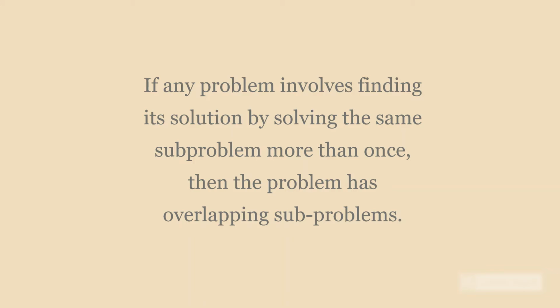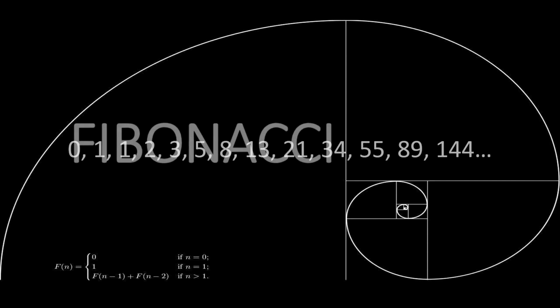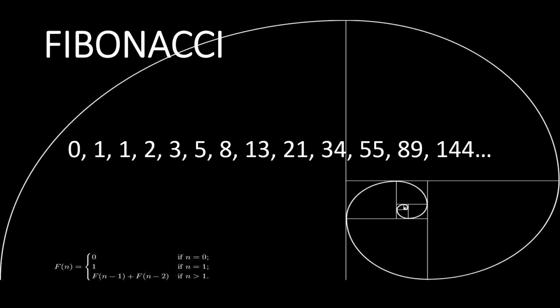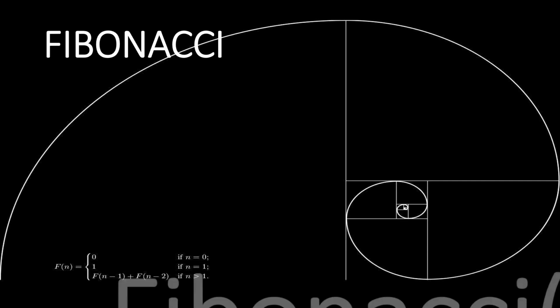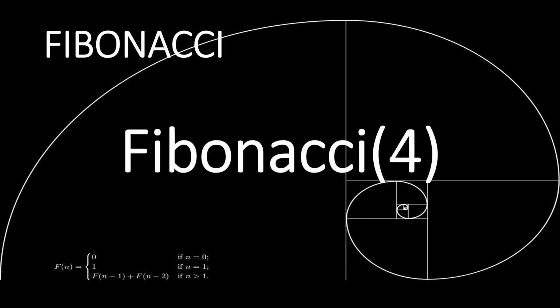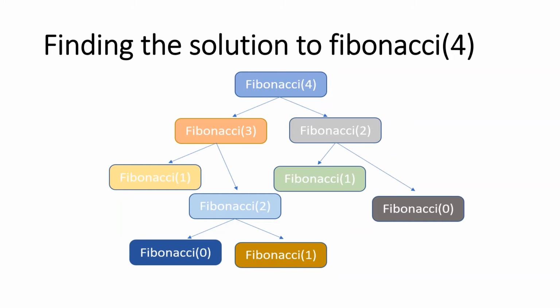If a problem involves finding its solution by solving the same subproblem more than once, then the problem has overlapping subproblems. To understand overlapping subproblems, let's take the example of the Fibonacci sequence again. For finding the solution for Fibonacci 4, we need to break it down into the following subproblems.